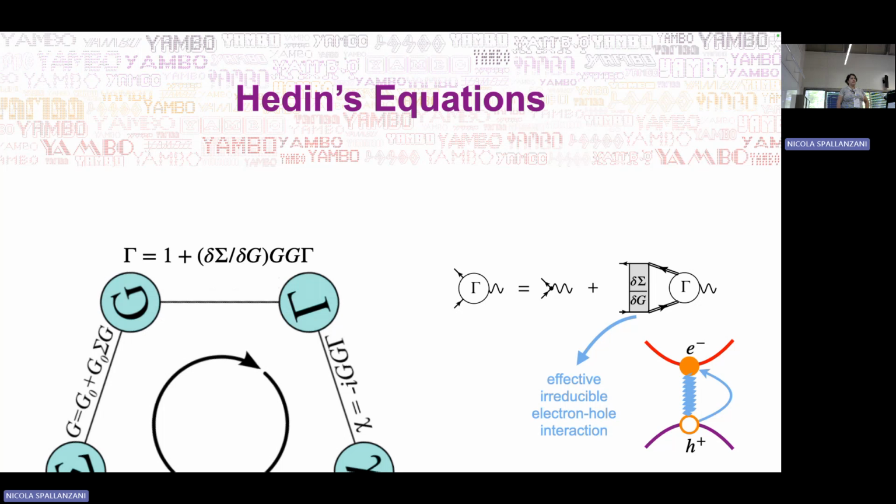It appears immediately, and it is there at all orders of the approximation. So the quasiparticle equation naturally leads to the vertex, because you express everything in terms of the screened interaction. It's a key step of the approximation.